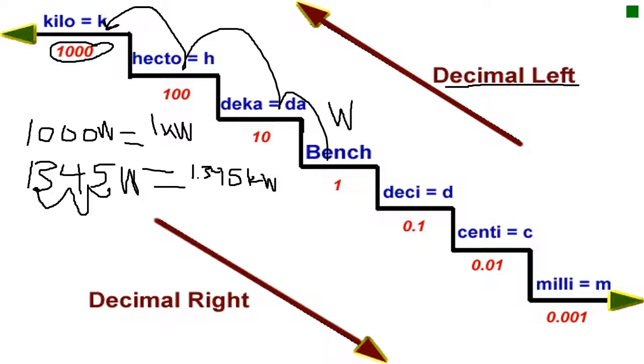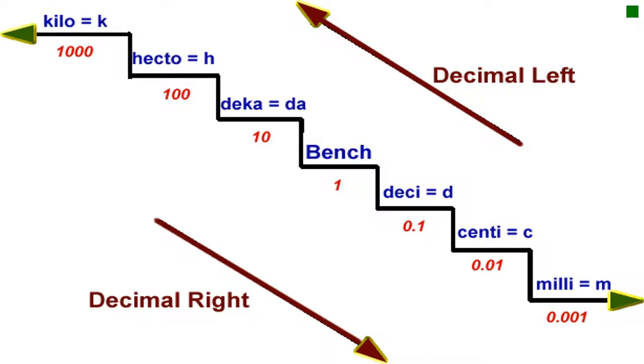If we try another example, I'm just going to erase this now just to help us out. Let's say we want to convert 843 kilowatts to watts, to see how much 843 kilowatts is in terms of watts.